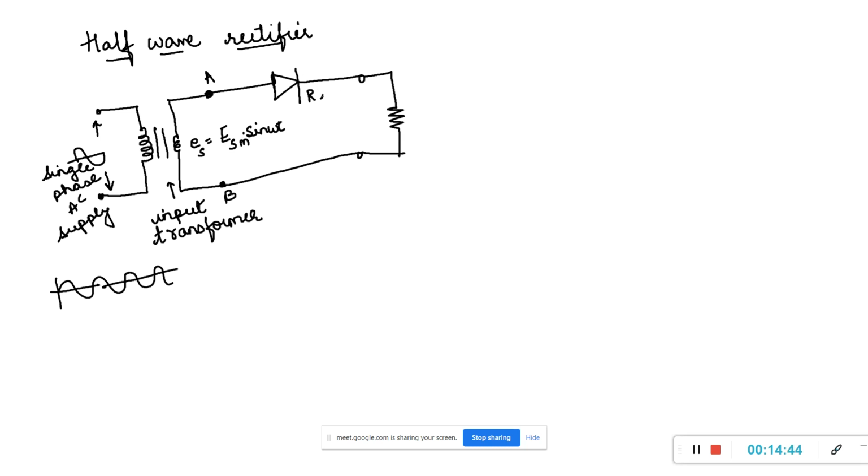Next, this is a load resistor, capital L. RL indicates the load resistor. EDC is the DC voltage, the pulsating DC voltage at the output of the rectifier. So the half wave rectifier has only one PN junction diode.